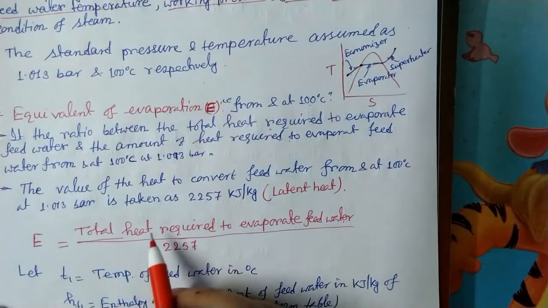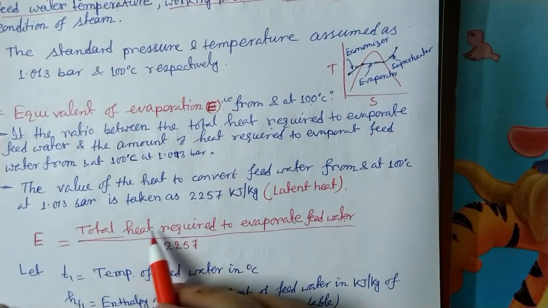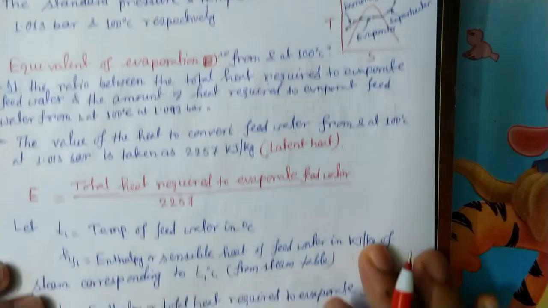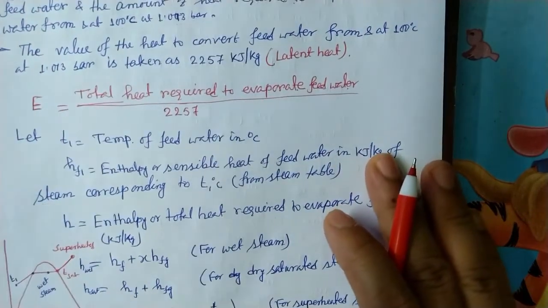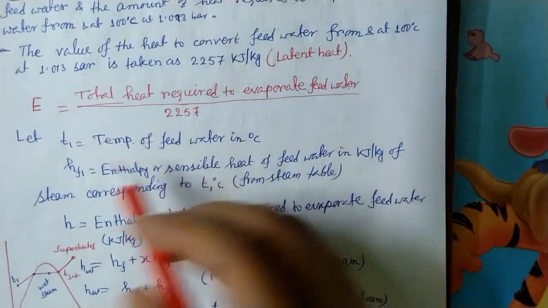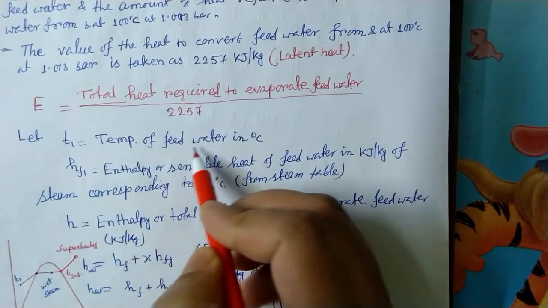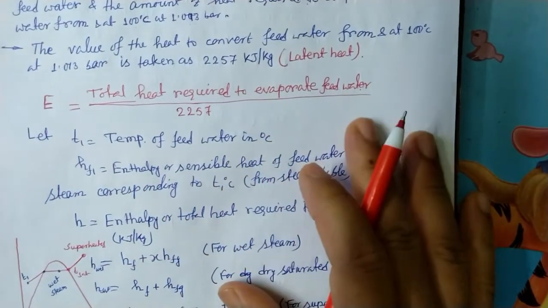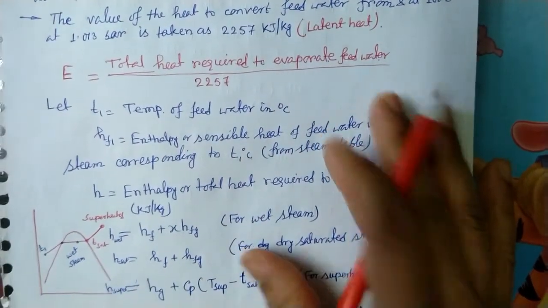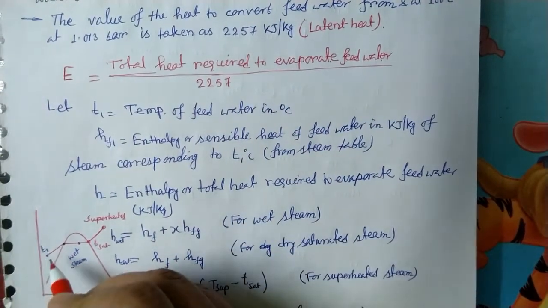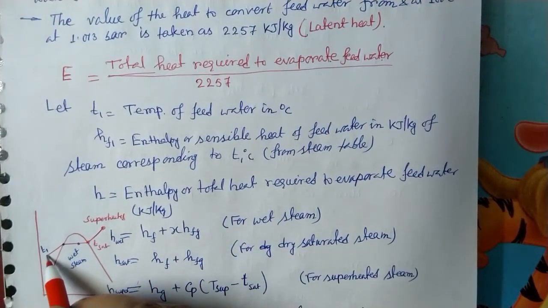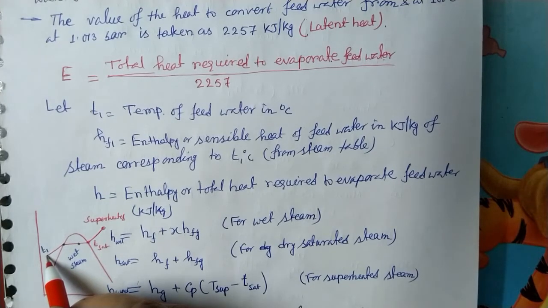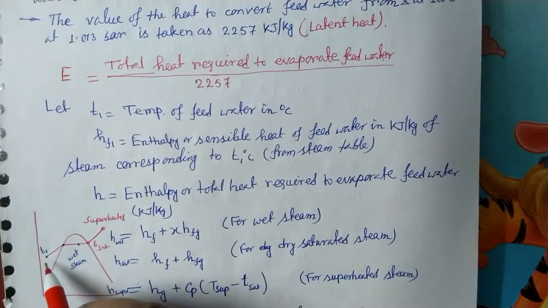Now let's see the amount of this total heat required. Let T1 be the temperature of the feed water in degrees centigrade. In this diagram, I mark the subcooled liquid temperature coming from the feed water as T1.